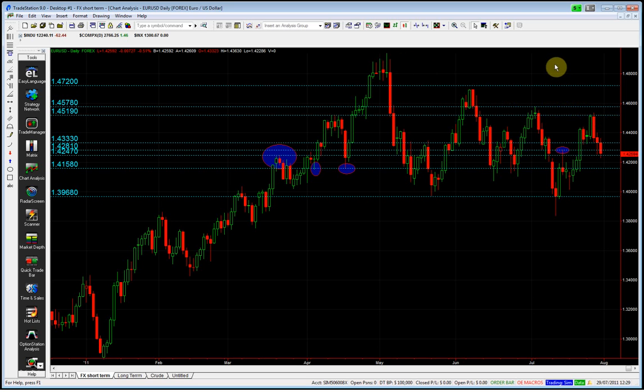Now we've made a lower high in the euro dollar even with apparent bearish dollar news. This euro dollar does not look any different to previous price action over the last few months.